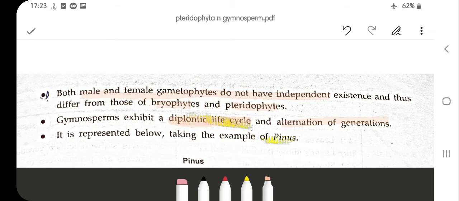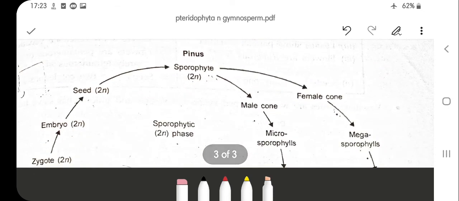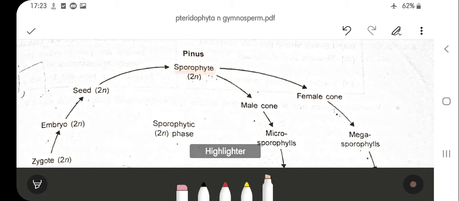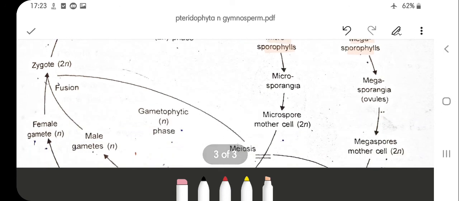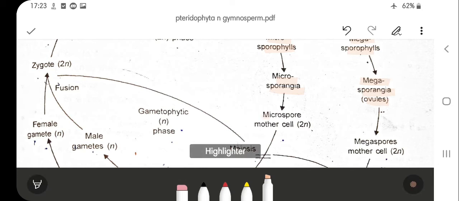The example of the Pinus life cycle is being given. They start from the sporophyte, that is 2n. They have the male and the female cone. They may be on the same branch, on different branches, or on the same plant, and then they have microsporophylls and megasporophylls. When they become mature, they become functional. Then they will develop the micro and the megasporangia, that is the ovule, and out of that sporangia they will have a functional microspore mother cell and megaspore mother cell.